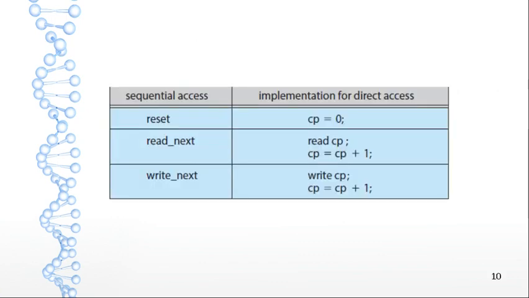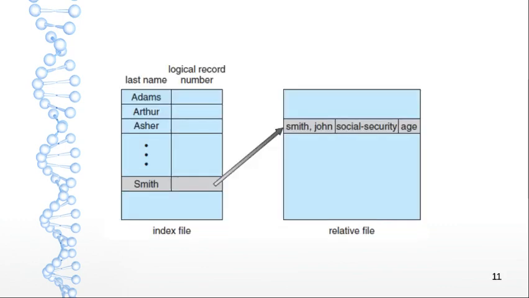Alright, so this is the implementation. Notice that in that slide, we have the different access methods or implementation methods. On the left side we have the sequential access, and on the right side we have the direct access. Notice that the sequential access uses reset, read next, and write next. So most of the time it is sequential. What we have here is the index file.